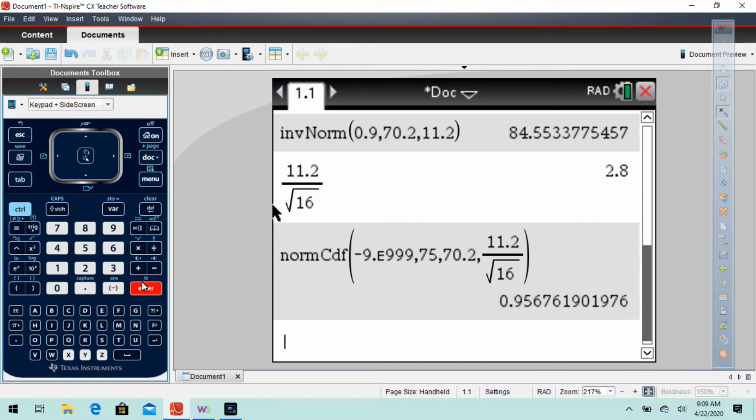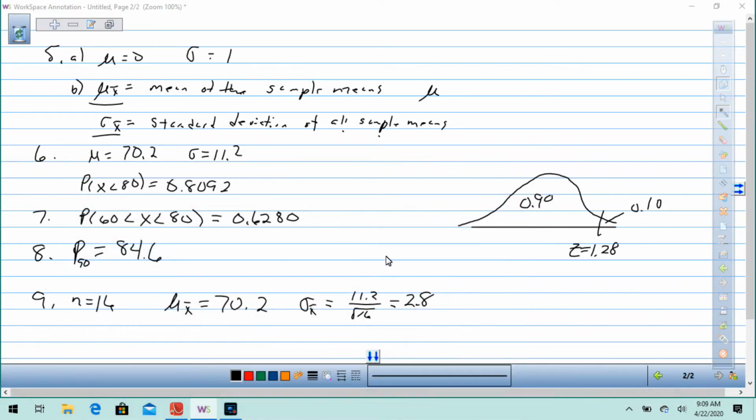And it's 0.9568. So the probability that X bar is less than 75 equals 0.9568.